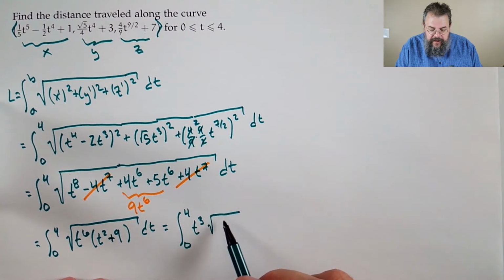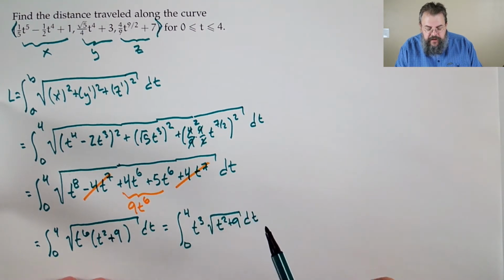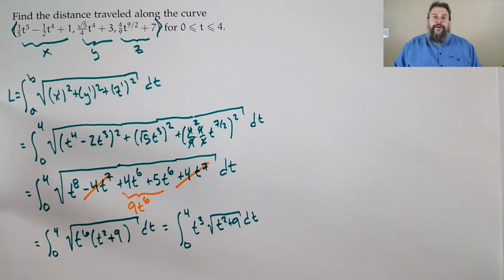Okay, great. We're making wonderful progress. This is feeling great. Well, now what? How do we go forward? Well, I think we've done stuff like this before, right? We have this inside function, t squared plus 9 inside the square root.